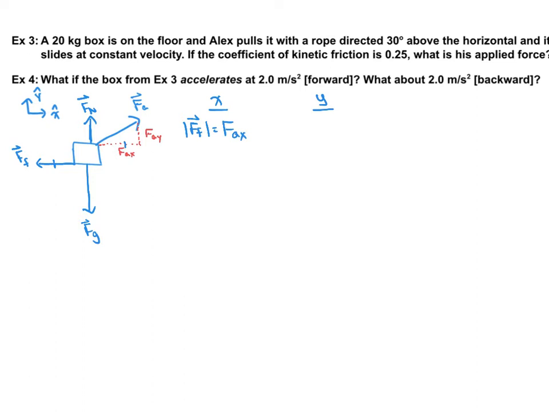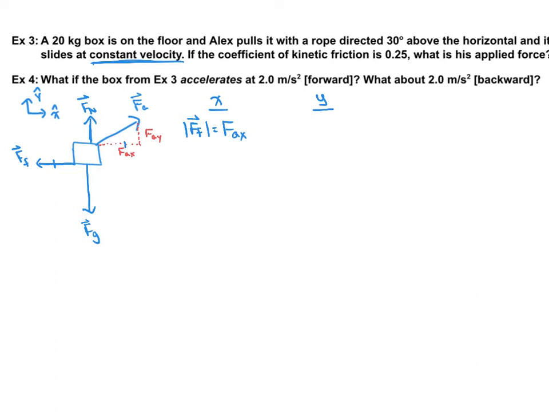Okay, that equation is simple enough. The y direction is a bit more complicated. There's 3 forces in total, with 2 of them pointing up and 1 of them pointing down. But they all have to be balanced because of the constant velocity.